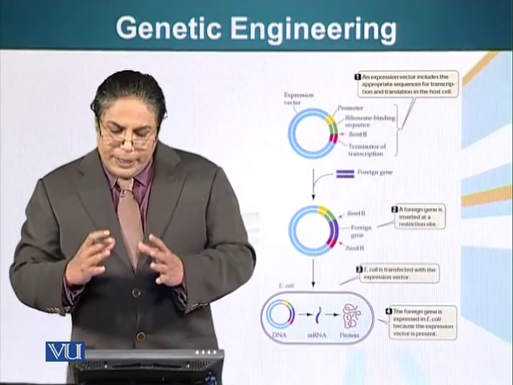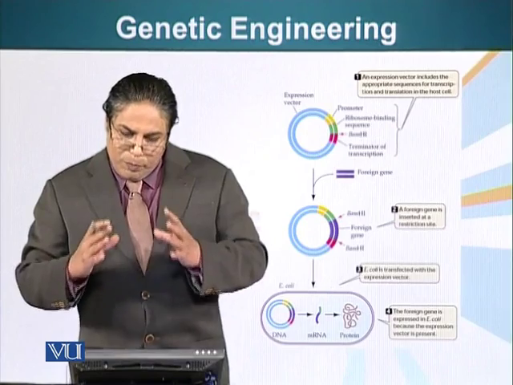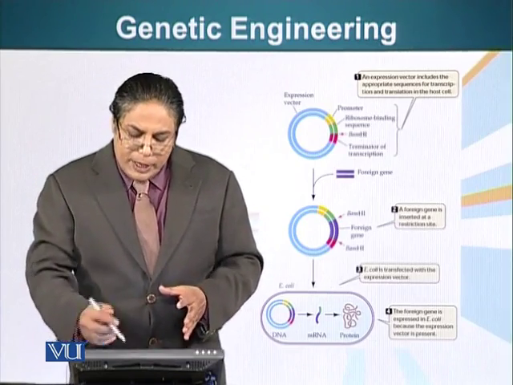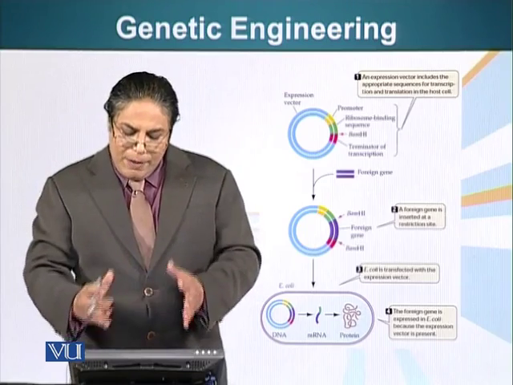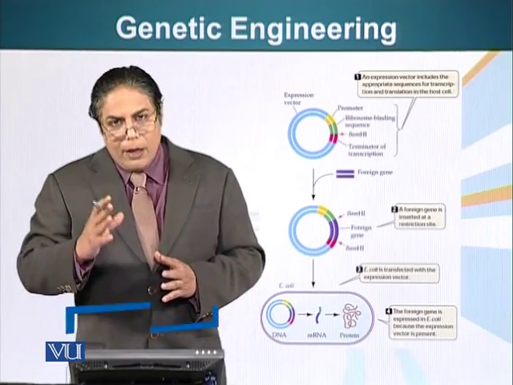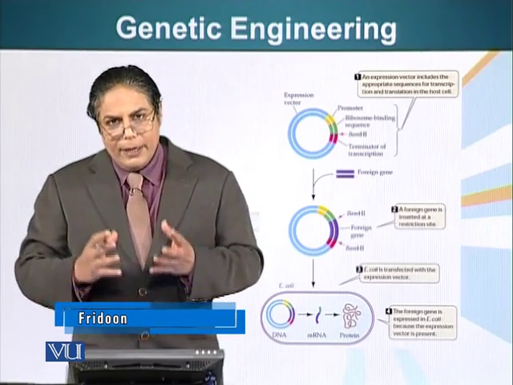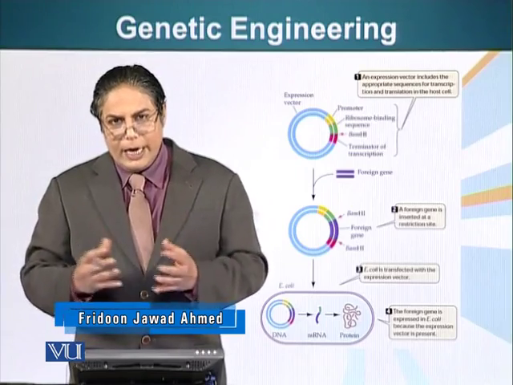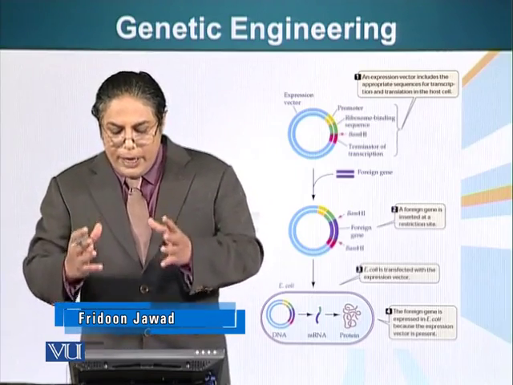So now imagine that we have this plasmid, or expression vector, as we can call it now. We insert a specific gene in it and we put it in the bacteria. What can we do with it? You may have heard that people make insulin using biotechnology or genetic engineering. We can do the same thing.